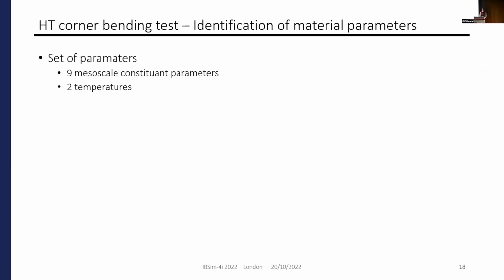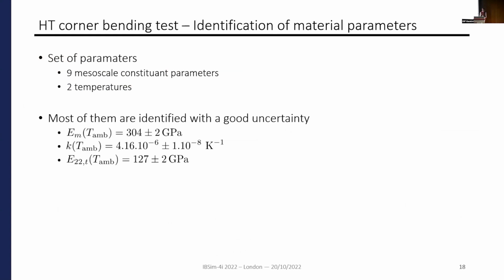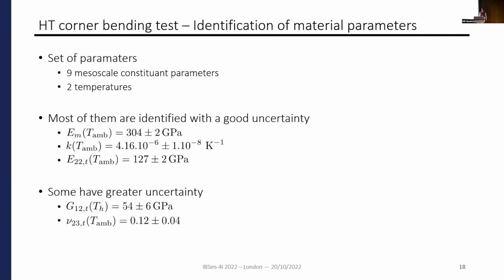And during the test, we identify sets of parameters, so 9 mesoscale constituent parameters at 2 temperatures. I just put some examples showing that we are able to identify some parameters with quite good uncertainty. For example, the Young modulus of the matrix, or what is more interesting, the transverse Young modulus of the tow, which are quite difficult to obtain by other means.